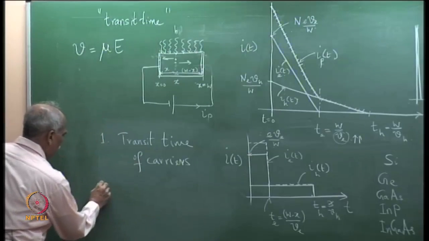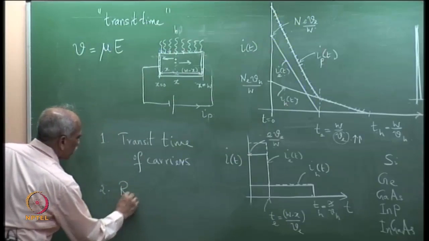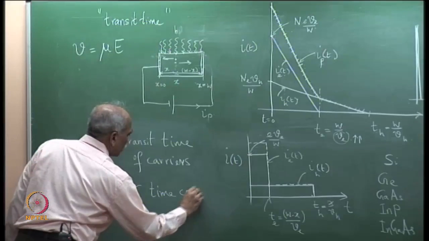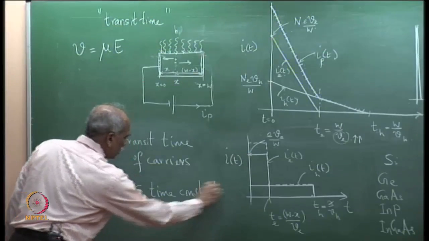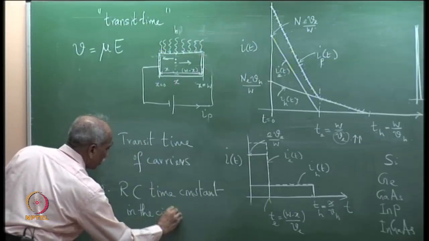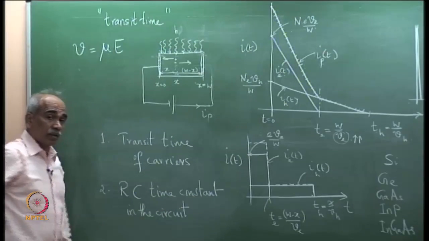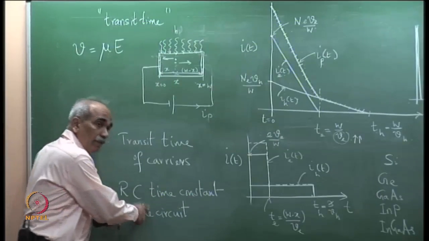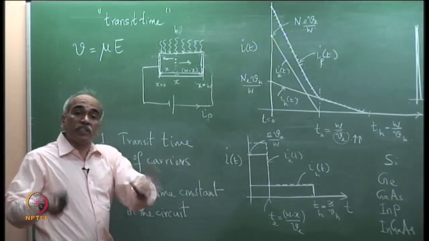The second one is determined by the RC time constant in the circuit. There will be a detector circuit and there is an RC time constant. This RC will include the RC of the detector itself.